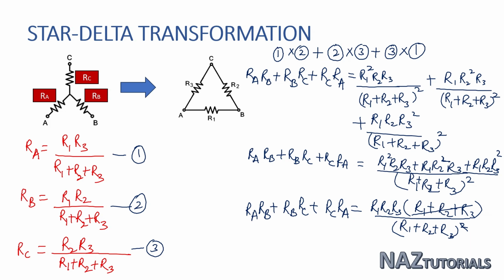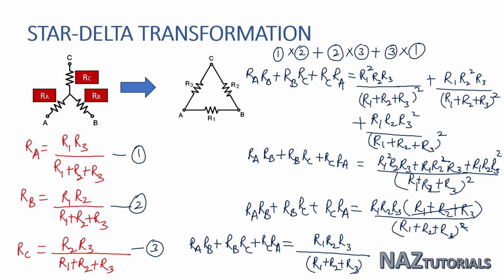Now here we get RARB plus RBRC plus RCRA is equal to R1 R2 R3 divided by R1 plus R2 plus R3. This is our equation 4.